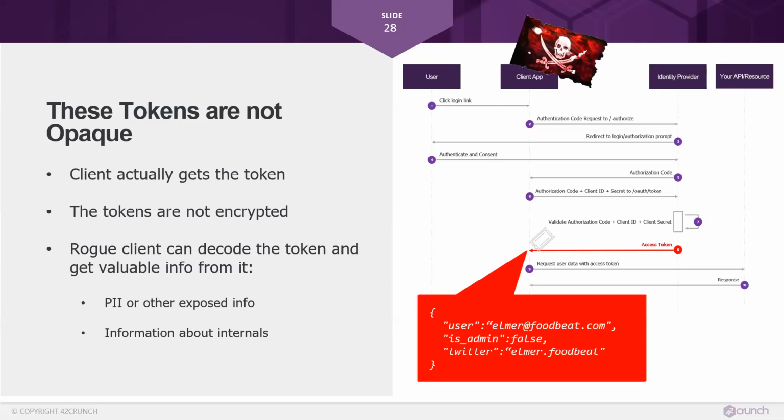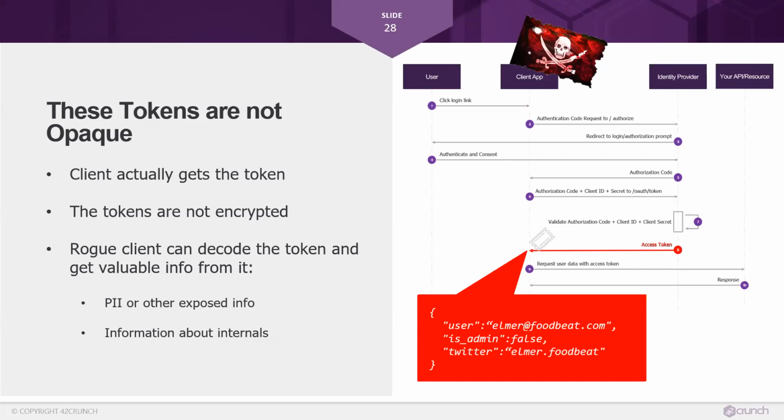But there are not a lot of people using encryption for JWT tokens. It's mainly, say, 98%, just signature.